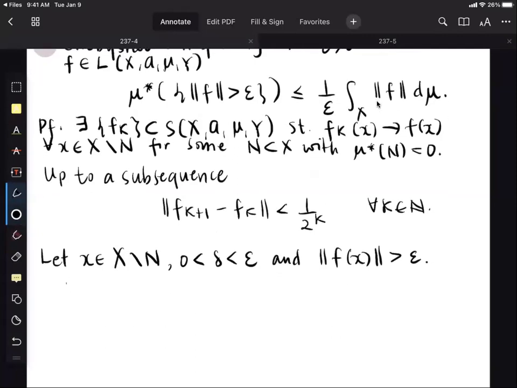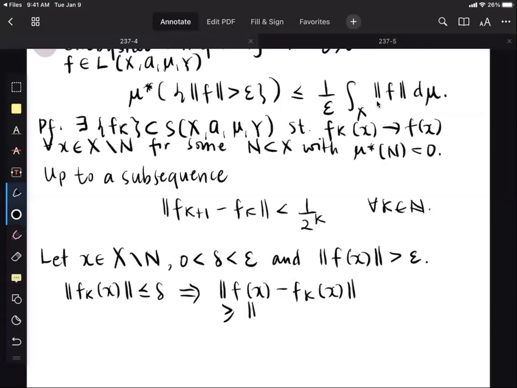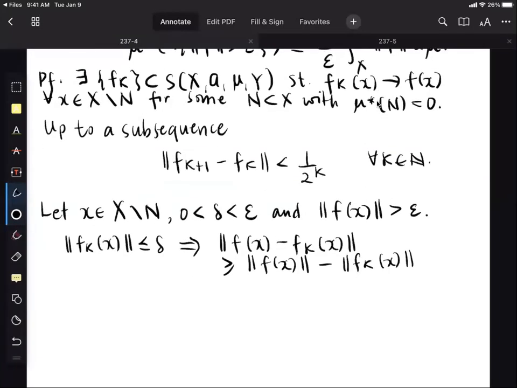Now, if the norm of f sub k of x is less than or equal to delta, then applying the reverse triangle inequality, the norm of the difference should be greater than or equal to the difference of the norms. Since the norm of f of x is greater than epsilon, and the norm of f sub k is less than or equal to delta, then this is greater than or equal to epsilon minus delta.